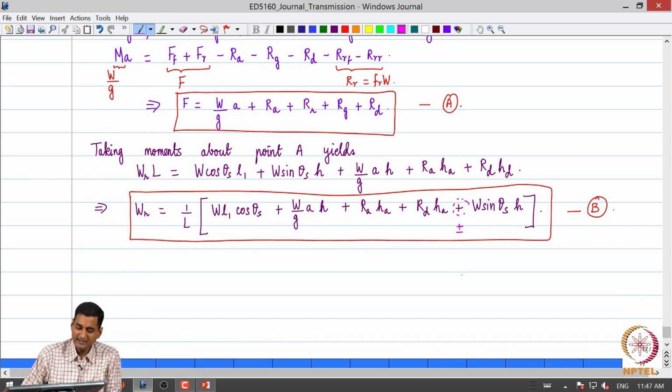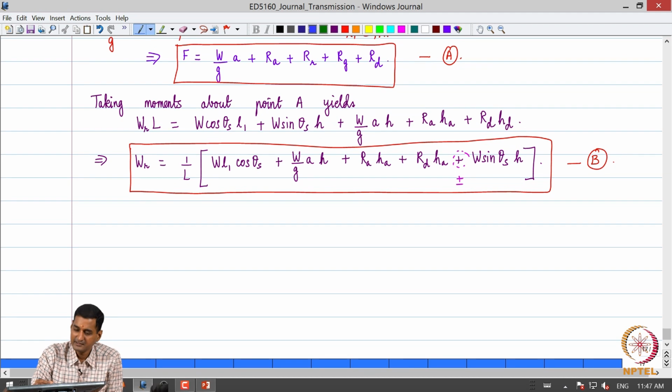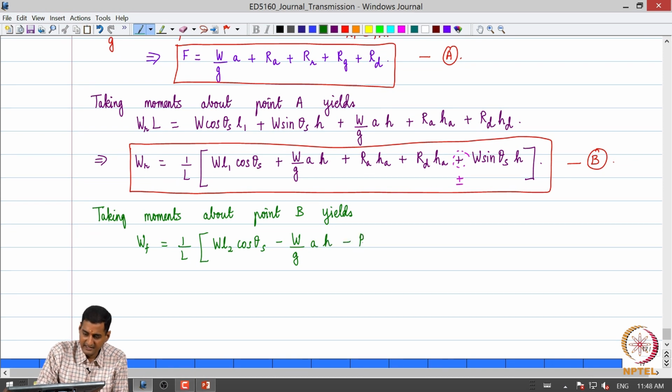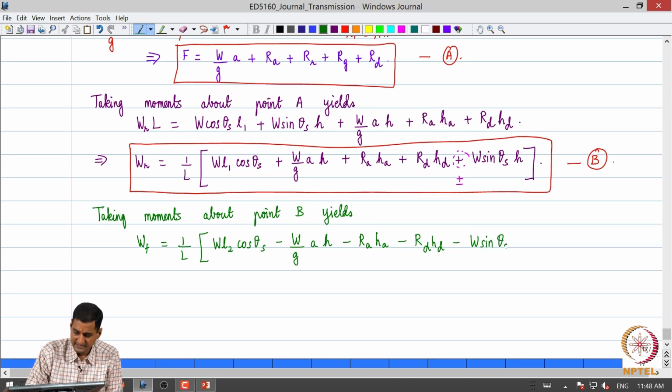Okay. So, similarly, if you take the moments about point B, I leave it to you as an exercise, taking moments about point B yields, finally, if you simplify, you will get WF equal to 1 by L [W L2 cos theta s minus W by g A h minus RA ha minus, oh, this should be RD ht, right, sorry, okay, RD ht minus W sin theta s h].